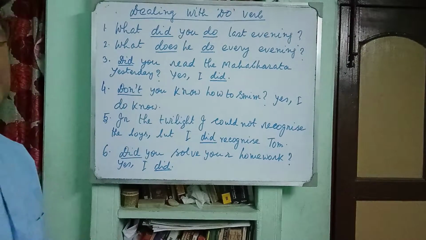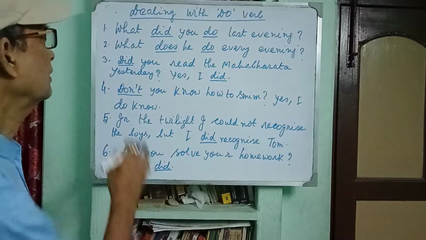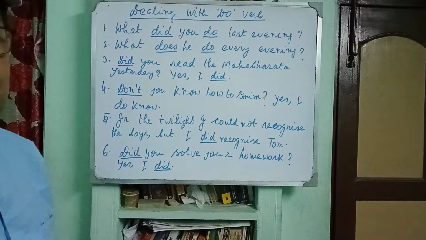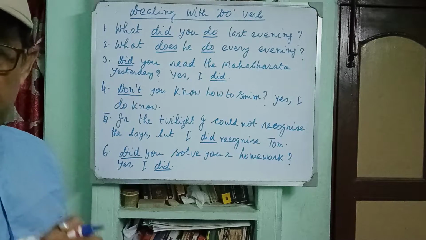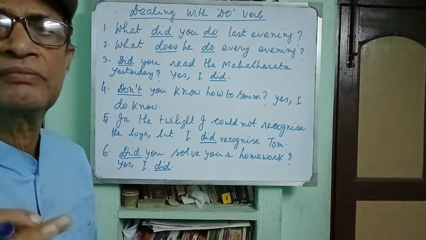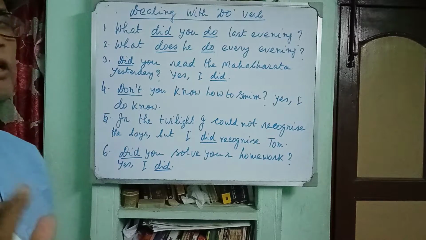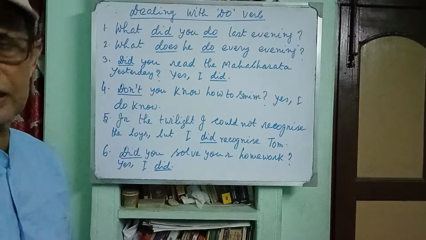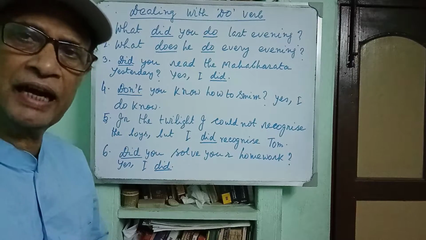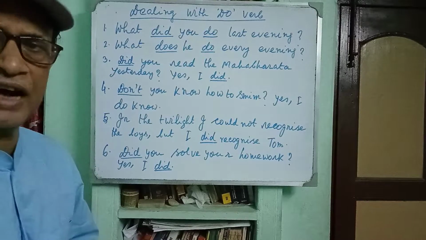That is why I have given the title dealing with do verb, and it is a basic English grammatical item. It is a very small verb, but it has very great implications in English writing.